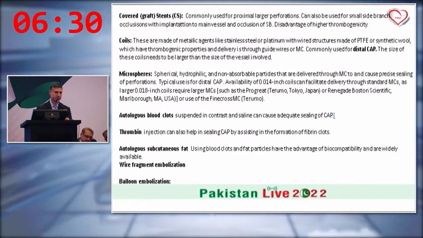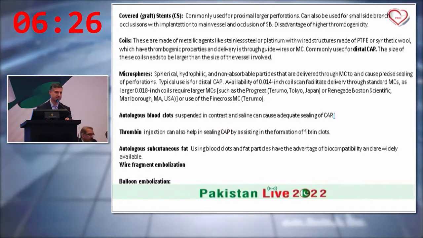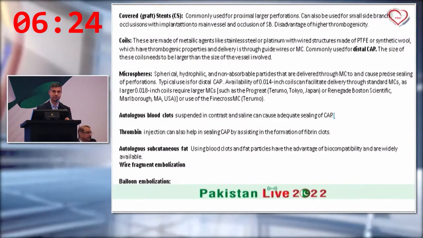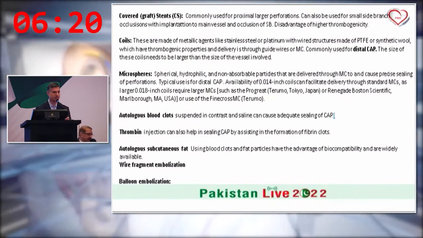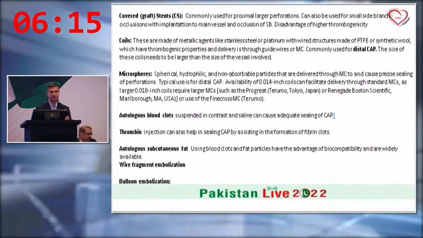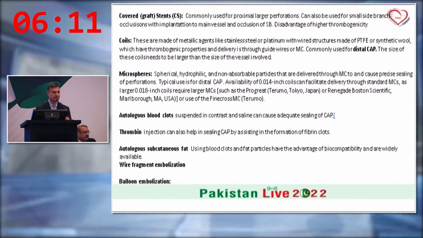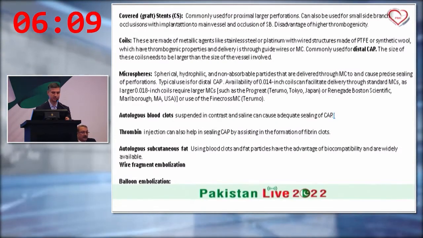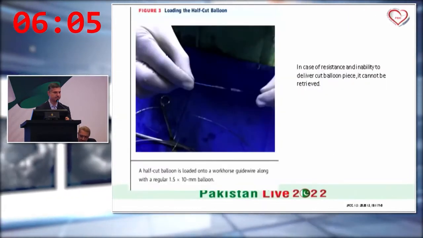Thrombin injection, autologous subcutaneous fat injection, and in some cases wire-frame embolization may be used. If you do not have coils or microspheres in your lab, you can cut some tips of wires and send them like coils. Today I will show you the balloon embolization method especially.